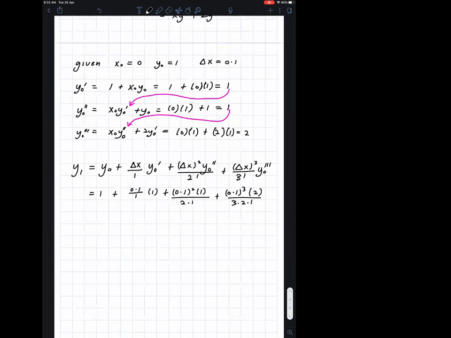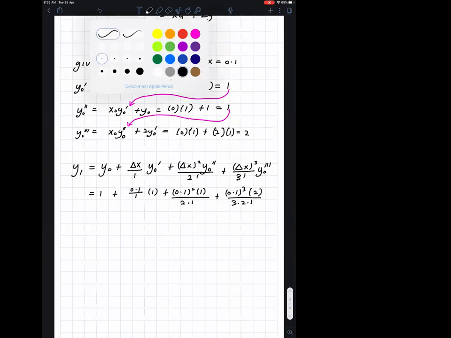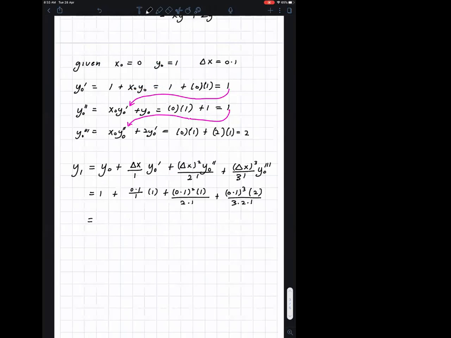Okay, next, plug and chug. So therefore, y1 is equal to y at x plus delta x, where delta x is 0.1.